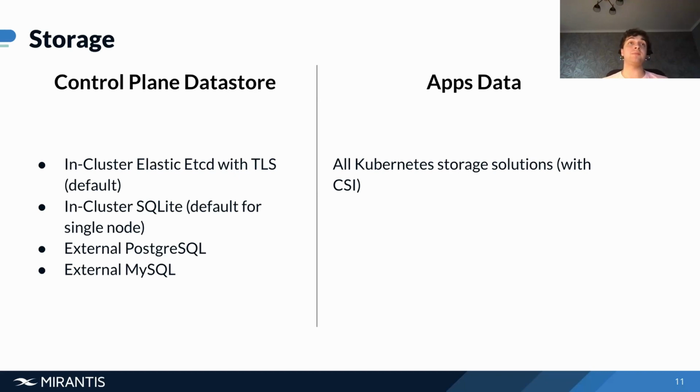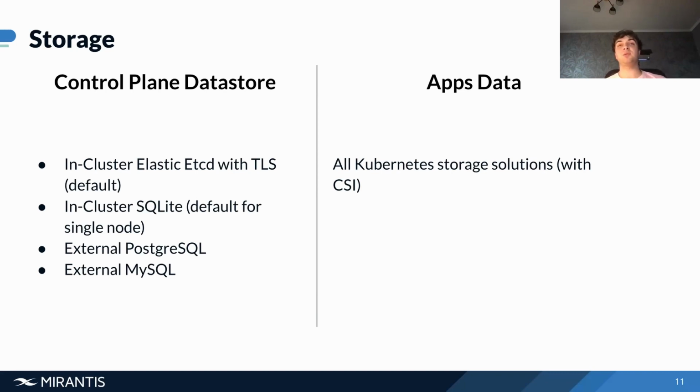By default, etcd is used, but you can also use PostgreSQL or MySQL. It will be an external solution, but anyway, you can use it. And if you're running k0s in single node mode, where you have the controller and worker on the same node, SQLite is used.